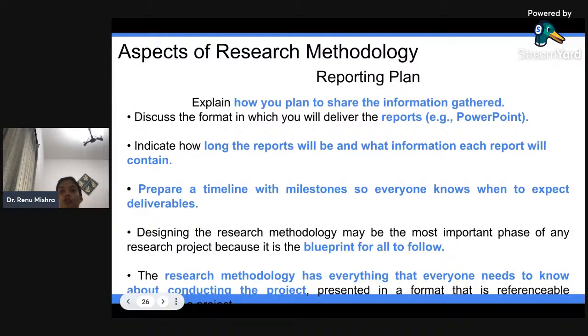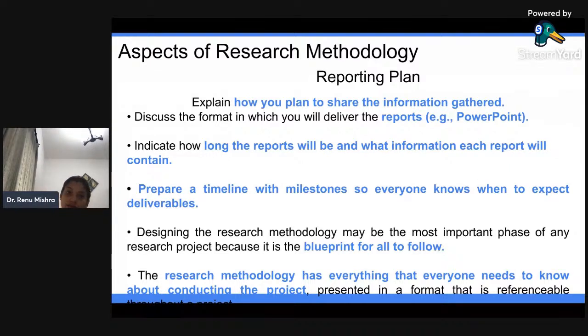So that you can share it with your supervisor, your SRC committee, your reporting body, on what you have done. Generally, and that's what I also did during my PhD, when you conduct your PhD, you need to submit timely reports to your research committee, SRC committee, your supervisor, or whoever is responsible to assess your work.